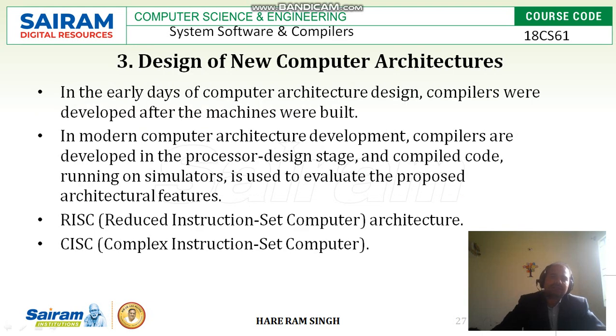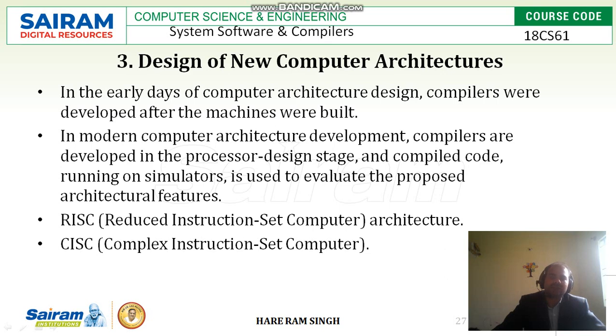The third application is design of new computer architecture. In the early days of computer architecture design, compilers were developed after the machine was built. First, computers were built, and by seeing the architecture, compilers were designed after the computer architecture design.